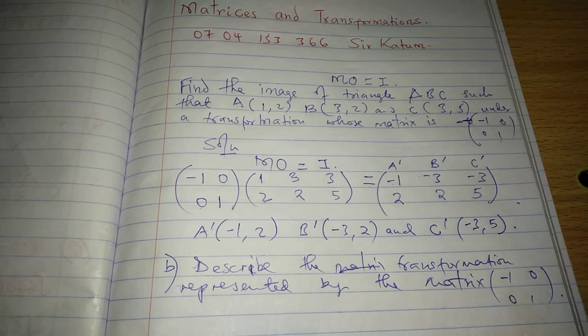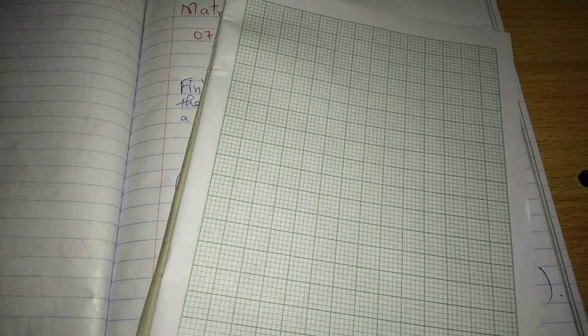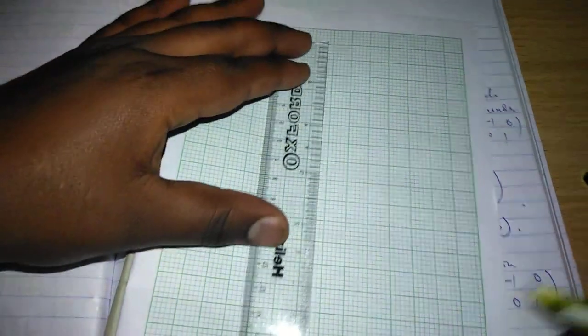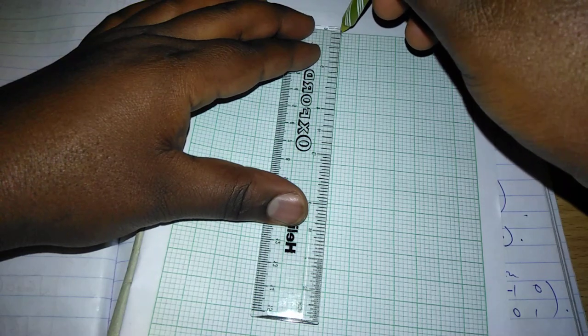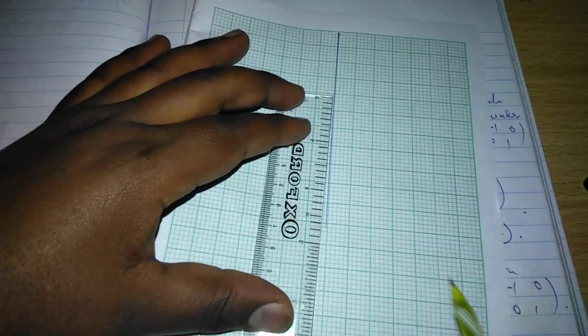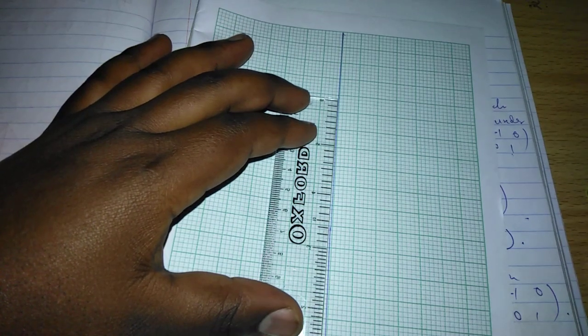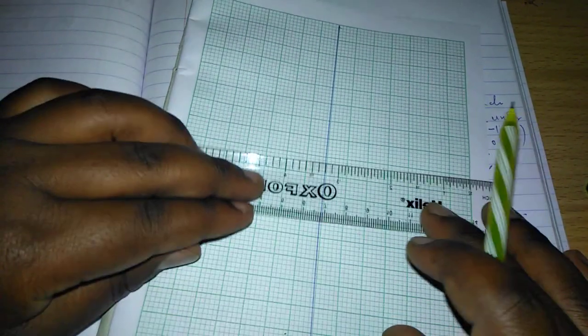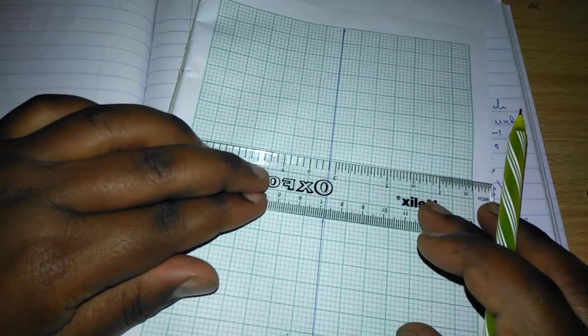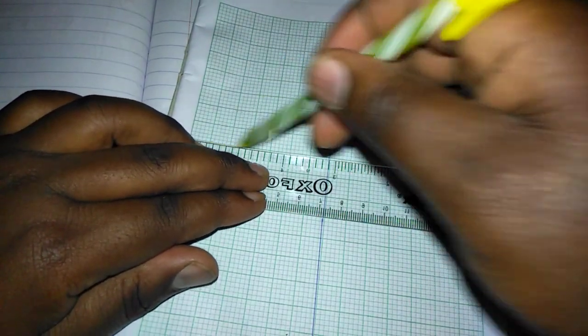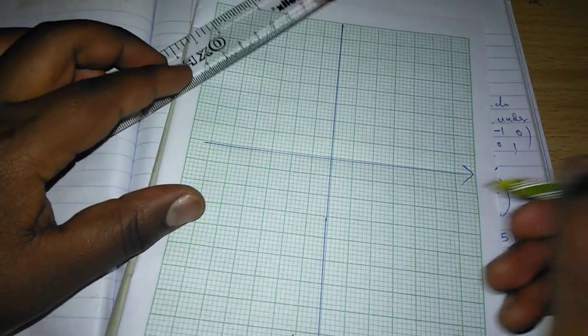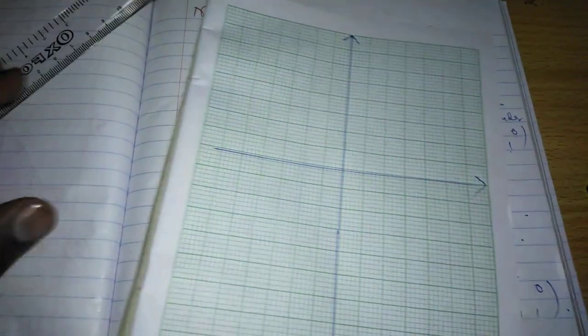So for us to identify a transformation, we can first of all plot both image and object on the same Cartesian plane. For instance, here we can have a Cartesian plane. Then we plot the coordinates of both the image and the object.